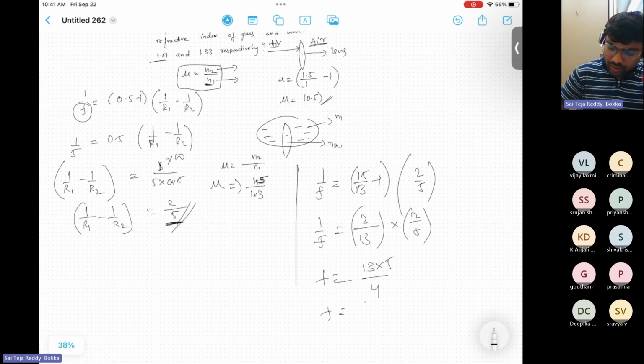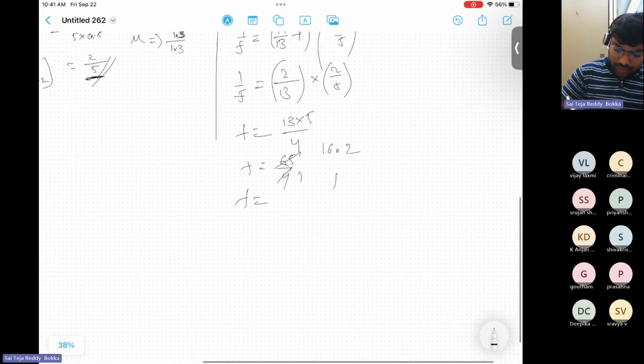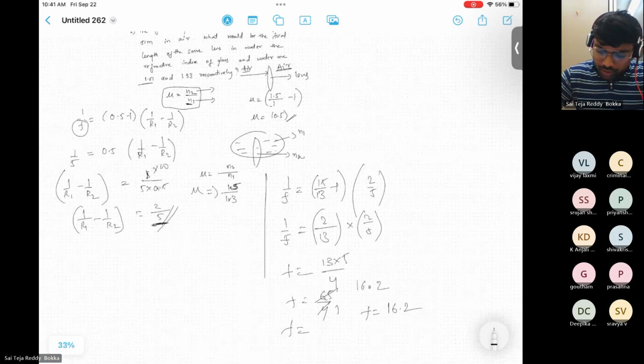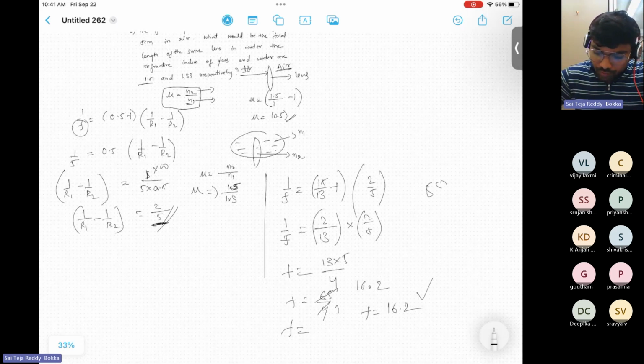F is equals to 65/4, that will be equal to 16.2. Your focal length is 16.2. So when you are placing the lens inside water, there is an increase of focal length from 5 centimeters to 16.2 centimeters.